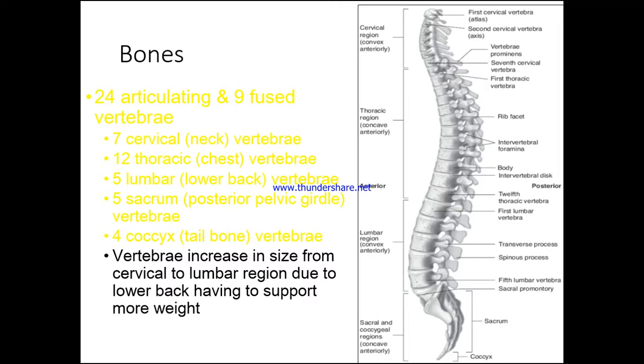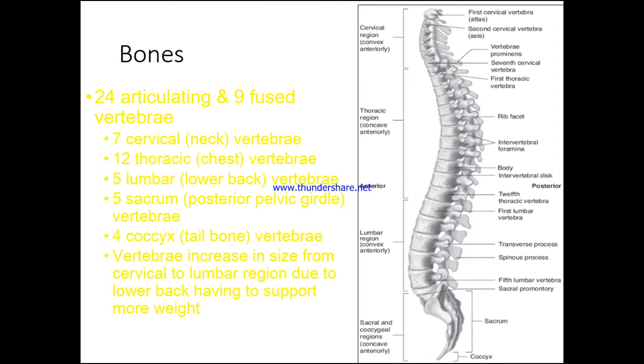The vertebrae increase in size from the cervical to the lumbar region because the lower back has to support more weight. In my previous lecture I went through some of the key anatomical features of the vertebra and how weight distribution plays an important part in their overall structure.